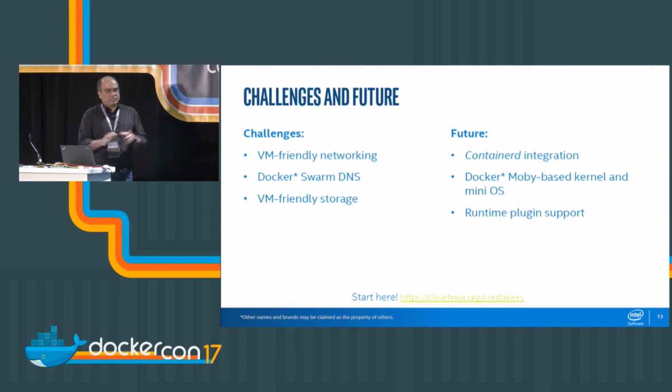So, okay, all of this stuff works. So what are the challenges and the future work that we're doing? Some of the challenges: all of the container networking plugins assume that all runtimes are namespace-based runtimes. But with very minor modifications, you can make them support both VM-based runtimes as well as namespace runtimes.